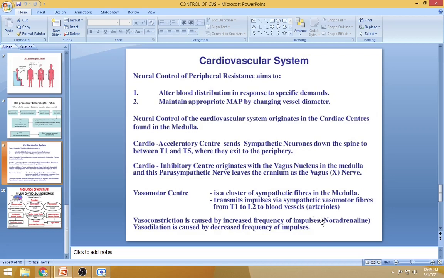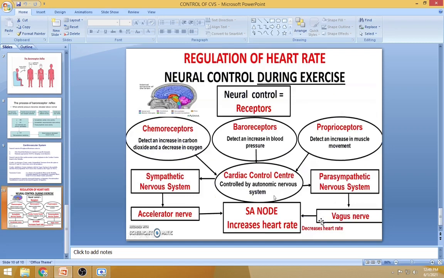Okay, so as I've said, the need to control the cardiovascular system is to meet the demand. All right, like for example in exercise here. We have a number of peripheral receptors that are being activated. So besides the baroreceptors, you have different peripheral receptors that can be activated at different conditions of the cardiovascular system.